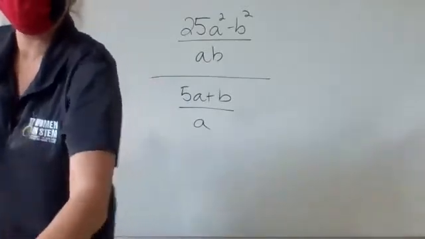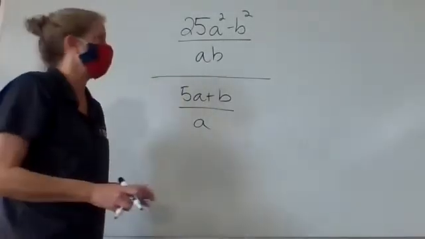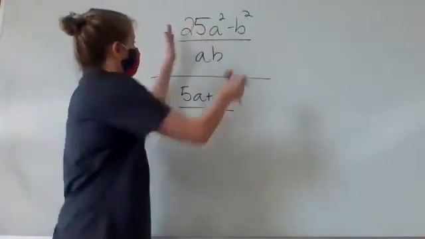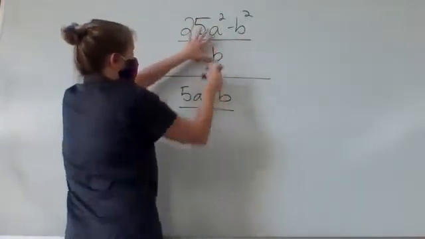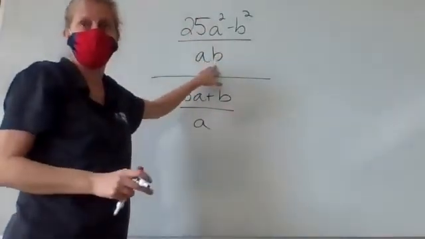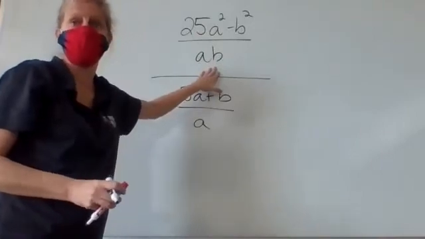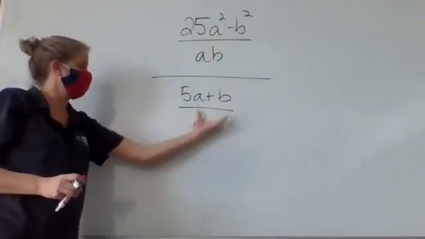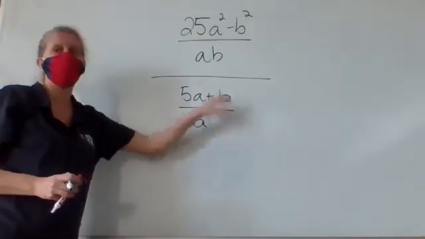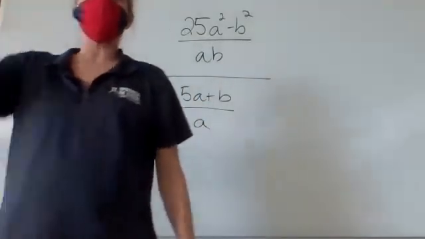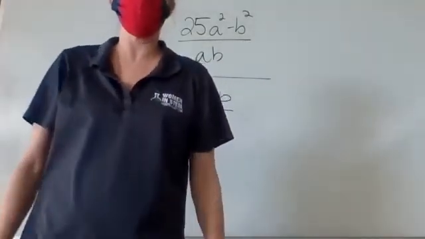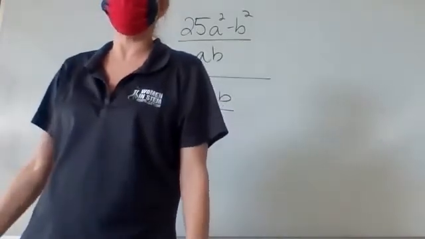So on this one, there's nothing I can add together up here, right? It's all one fraction. It's not a pretty fraction. Same thing here. There's nothing to add together. This is all one fraction. So I'm going to go ahead and jump to this part where I multiply by the reciprocal.